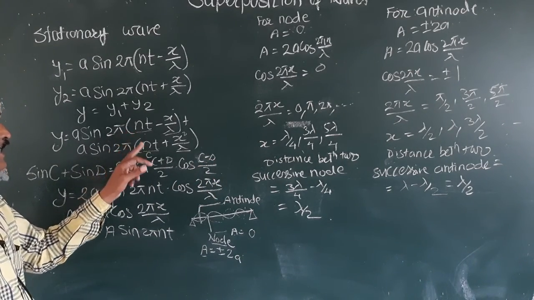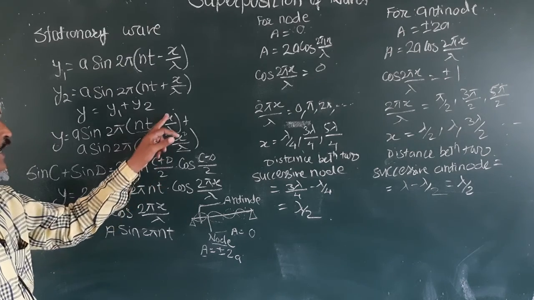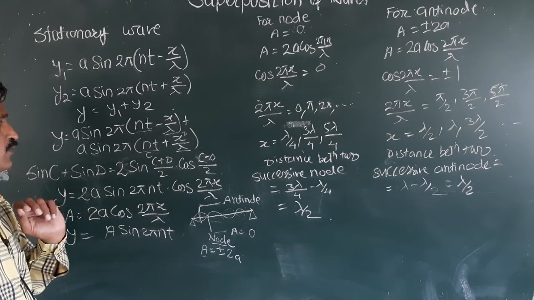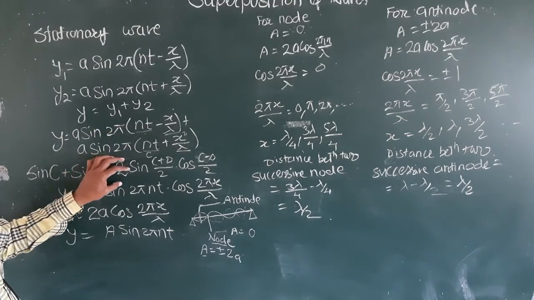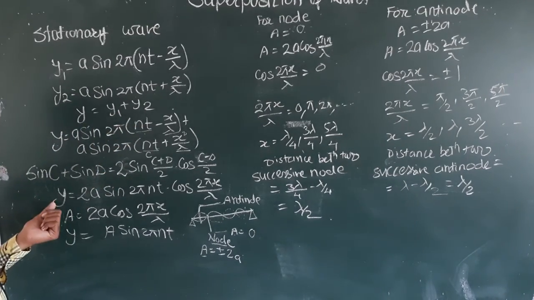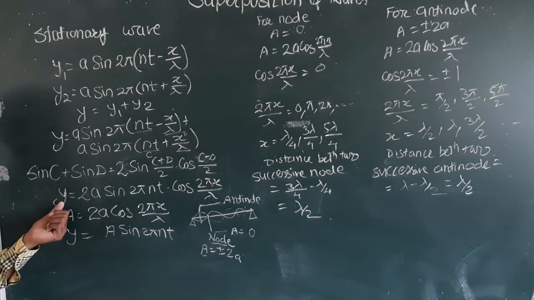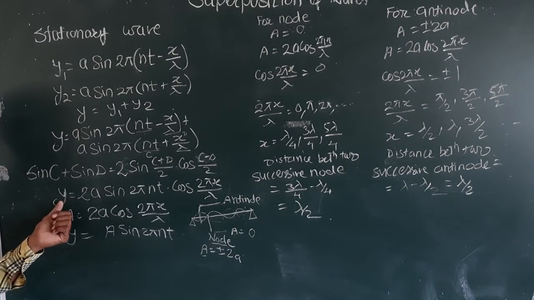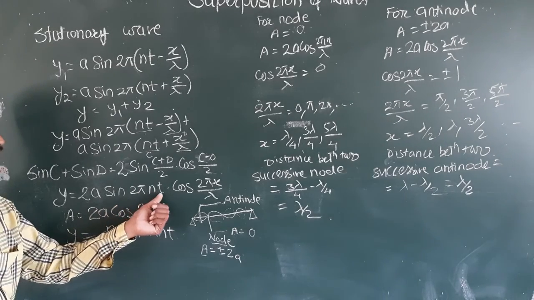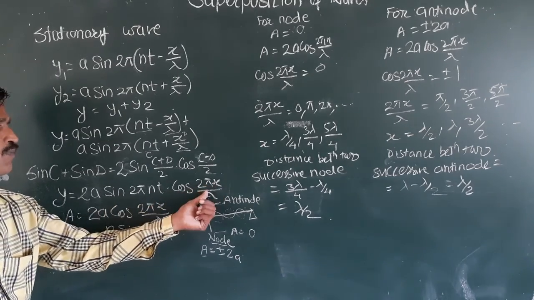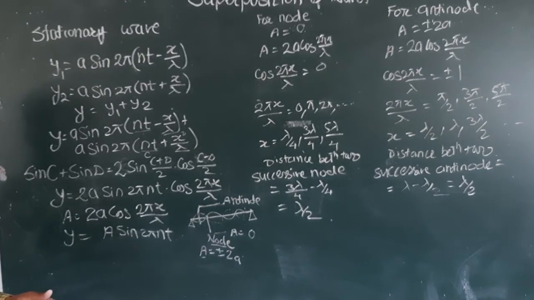Let us take 2 pi nt equal to C and 2 pi x upon lambda equal to D. Putting these values in this equation and solving, we get the resultant displacement equation y equal to twice a cos 2 pi x upon lambda into sin 2 pi nt.